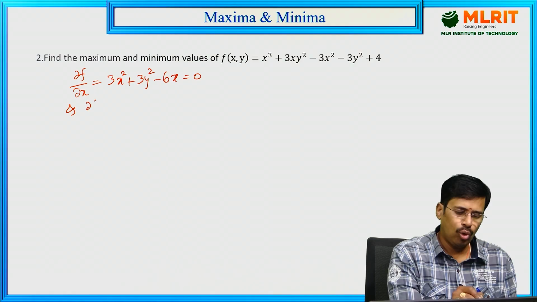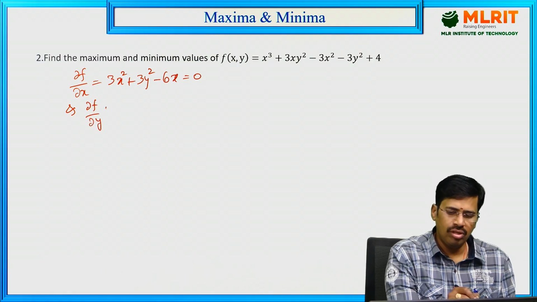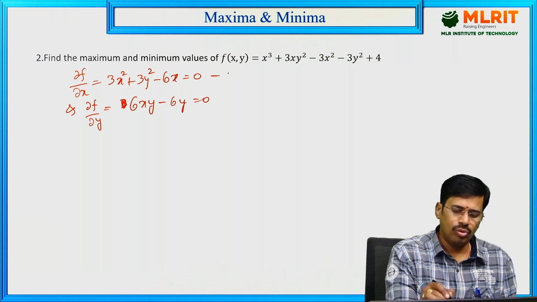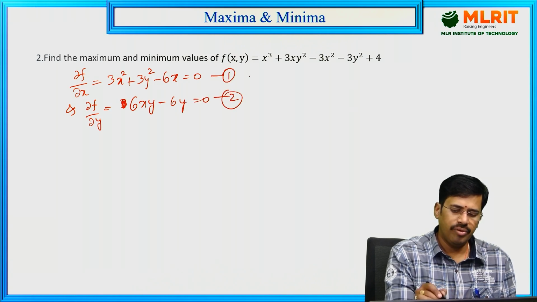And ∂f/∂y, you find this and equate to 0, which we get as 6xy minus 6y equal to 0. So this is the first equation, this is the second equation.